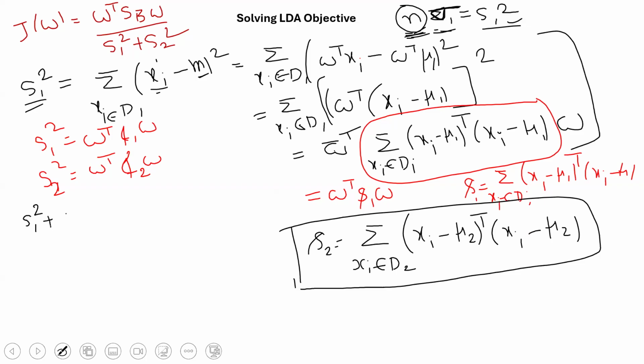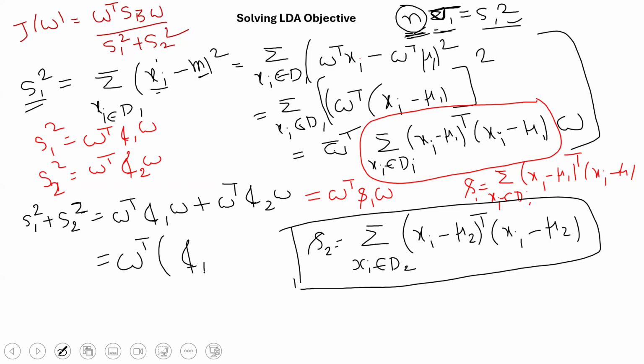Now, what does s1 square plus s2 square become? S1 square plus s2 square is nothing but W transpose small s1 into W plus W transpose small s2 into W. Now I can rewrite this as W transpose into small s1 plus small s2 into W, right?